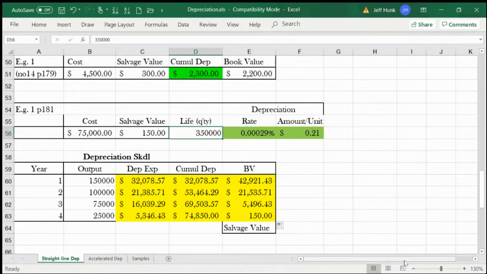No, it doesn't have to be. What if our output level wasn't like this? Suppose we reached the maximum production level of 350,000 even in the first year, then it is depreciated in the first year.